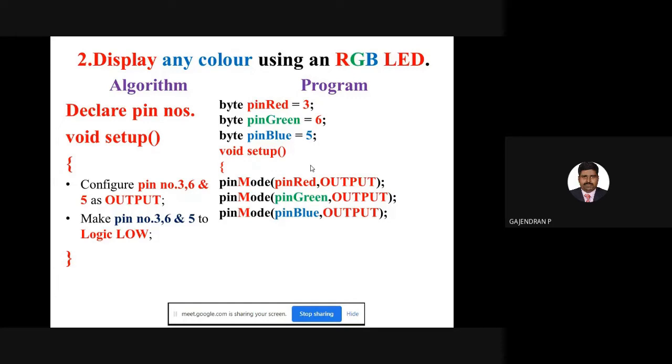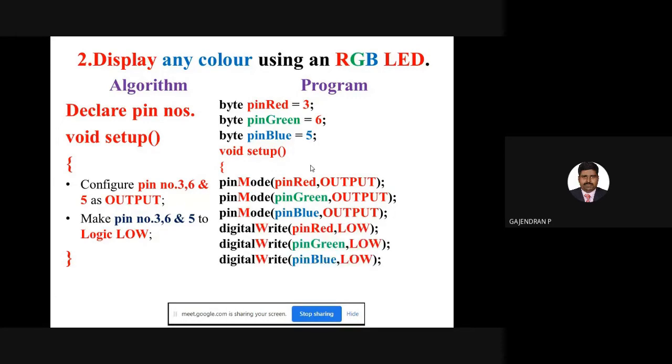Then by default, we will make all 3 logic low. So in the global declaration, I made the pin number declaration. After that, in void setup, I made all 3 pins output pins. Then at last, by default, I made all the pins logic low.